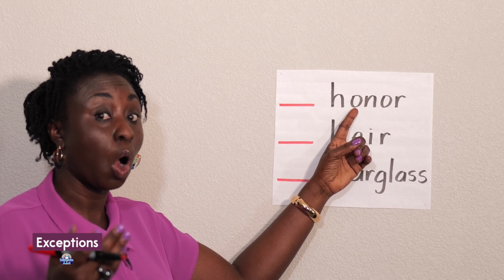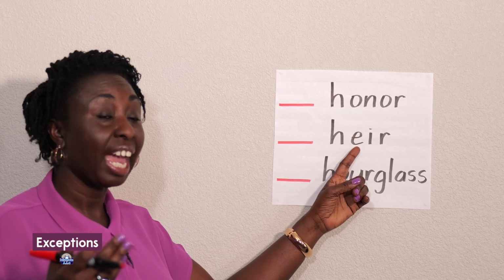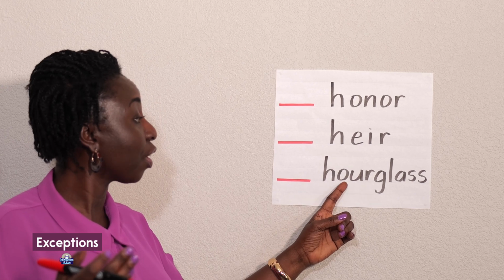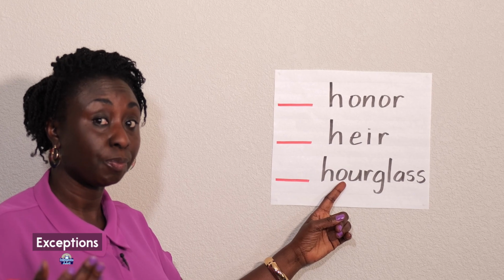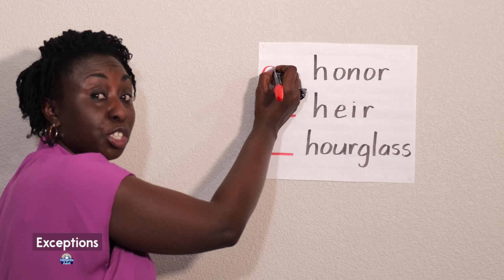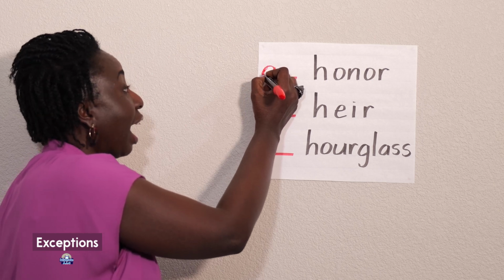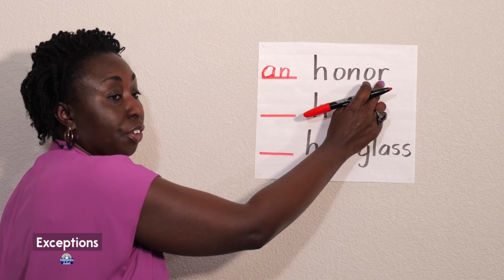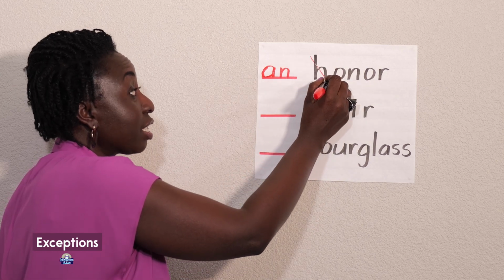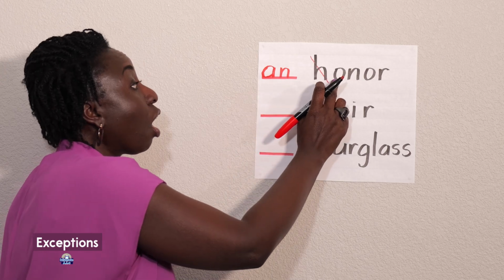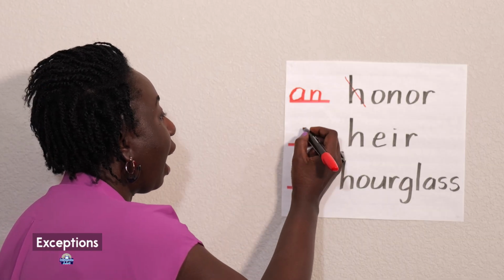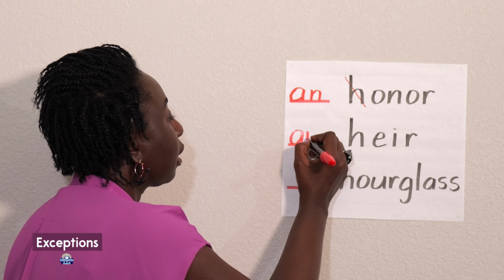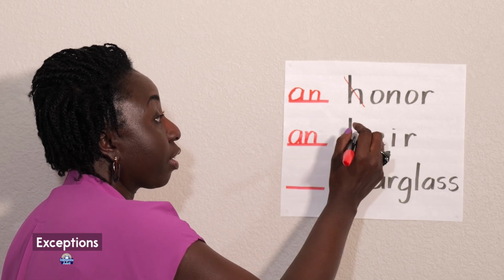Here we have the O, the A, and the O again. So here we're going to put the article an. An honor. The H is silent. An air.